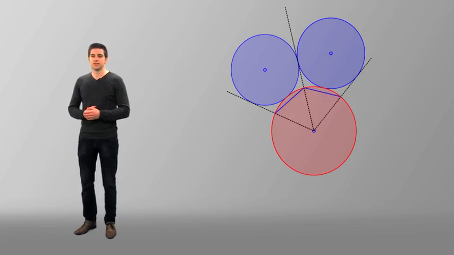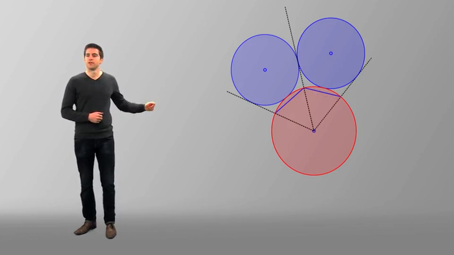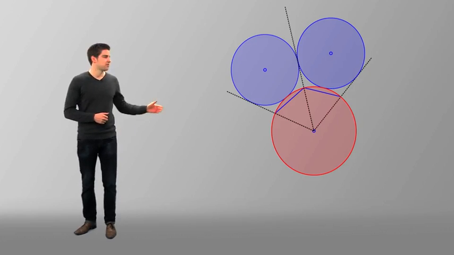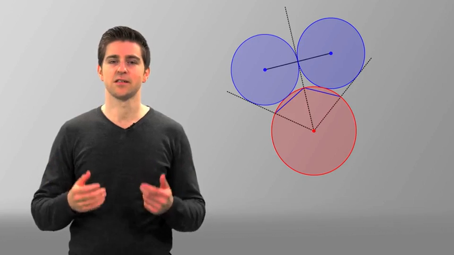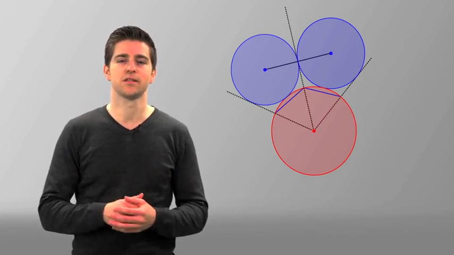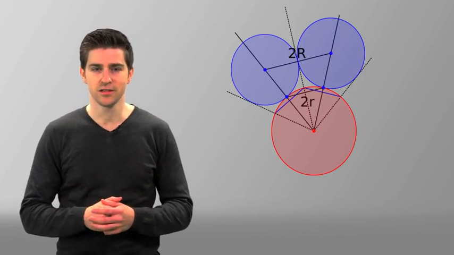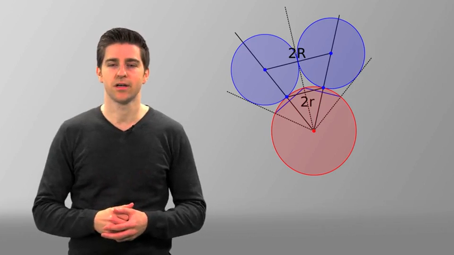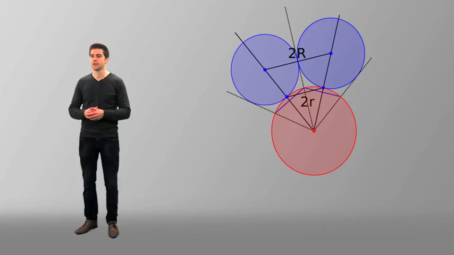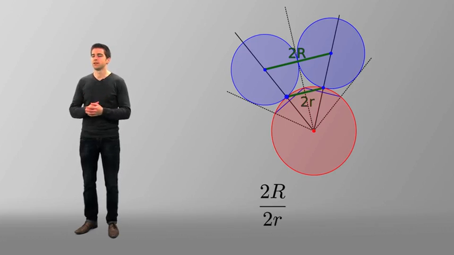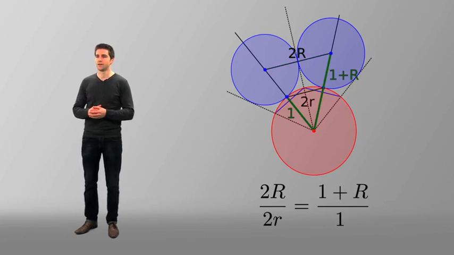Let us start by considering the simple case with only 2 blue outer spheres touching each other and the central red sphere, as is illustrated here. The centers of the 2 blue disks are a distance of 2 capital R apart, while the centers of the projection disks are a distance of 2 lowercase r apart. You can see that 2 uppercase R relates to 2 lowercase r like 1 plus capital R relates to 1.